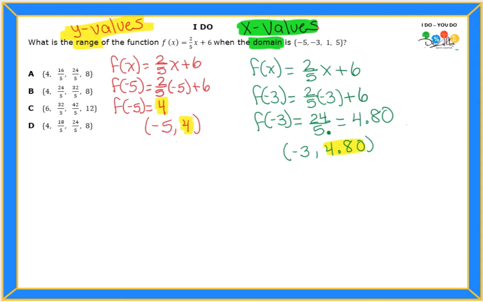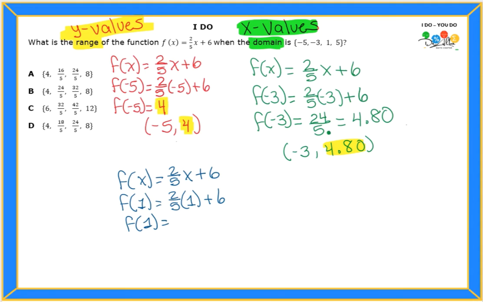Let's go to the next question. So now I'm going to evaluate again, same function. That's what I said, this is one of the easiest questions to do, because now I'm going to replace x with 1. I'm going to evaluate my function with x as 1, okay? So if I input that on the calculator, I get 2/5 times 1 plus 6.